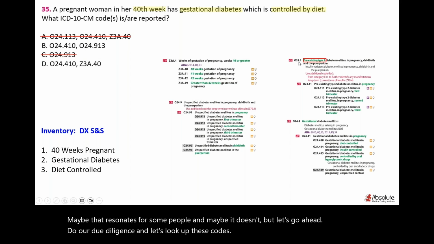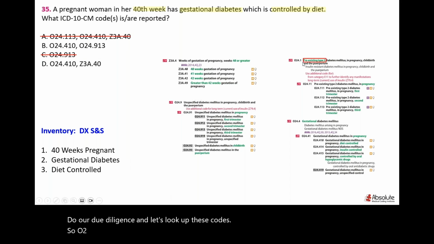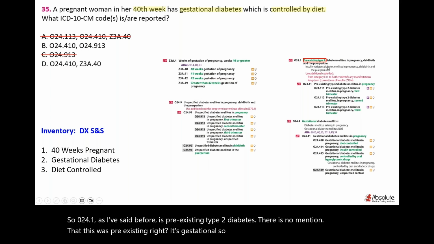O24.1, as I've said before, is pre-existing diabetes. There is no mention that this was pre-existing, right? It's gestational. So O24.1 has to go. Next, O24.9.